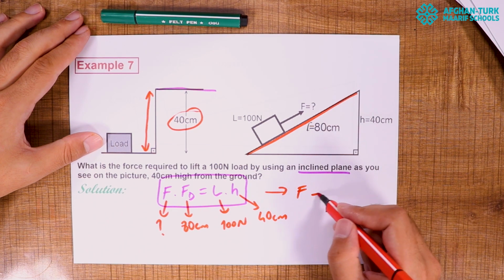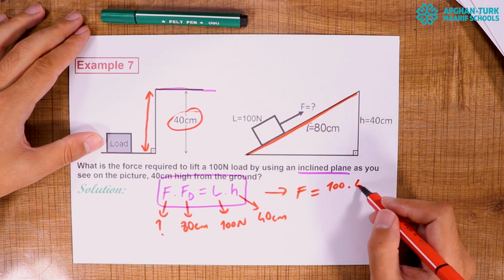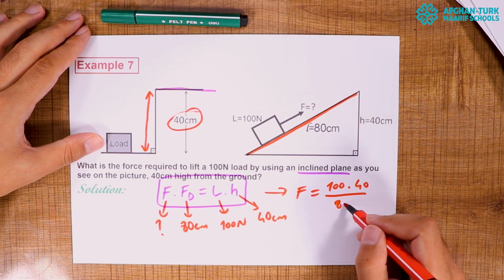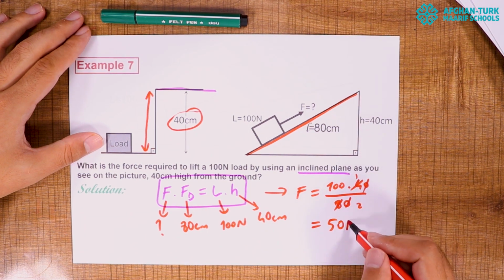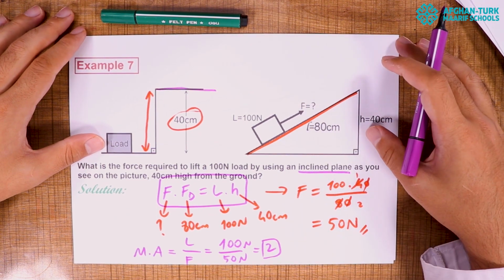Force is equal to 100 Newton times 40 divided by 80, and force will be equal to 50 Newton. The mechanical advantage is 2.